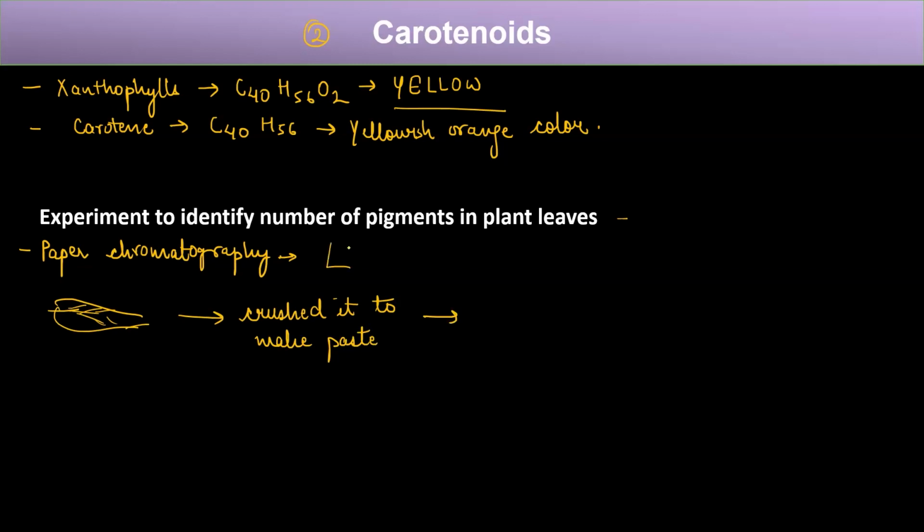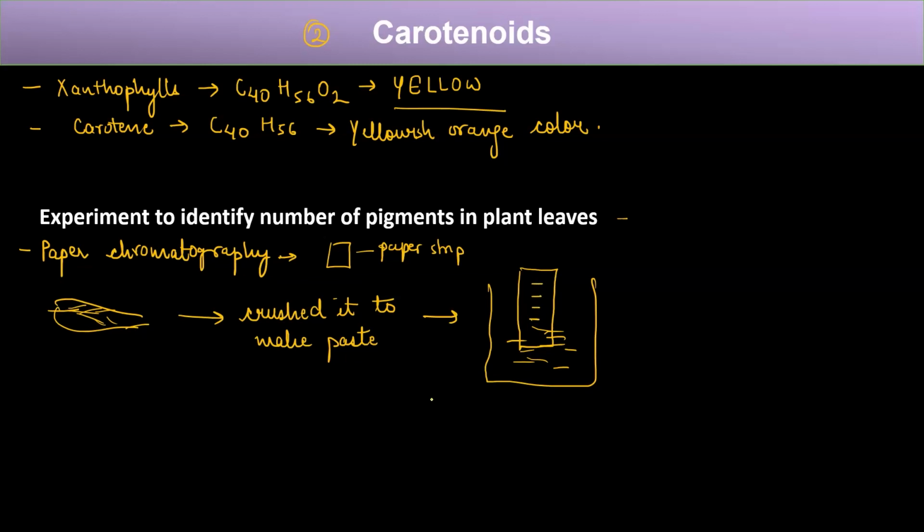Okay, there comes a paper strip. So they consist of this crushed leaf paste, and then they dip the paper strip in it. What they observed was 4 spots formed onto this paper strip, and these spots look something like this. Okay.